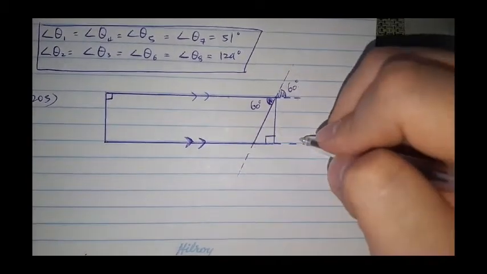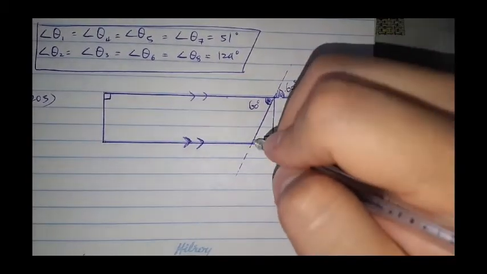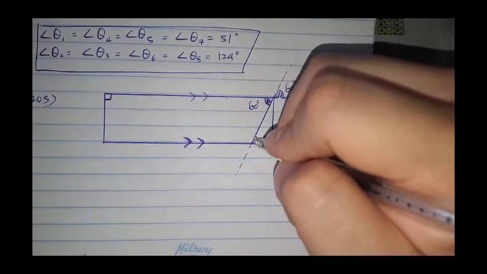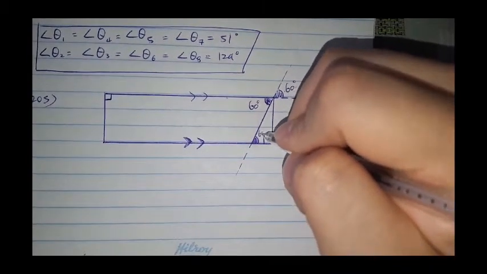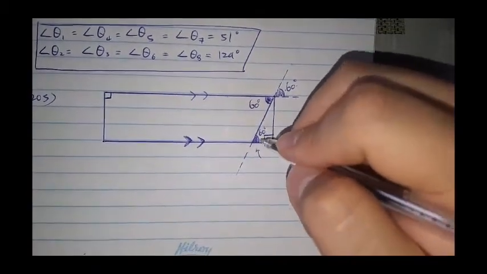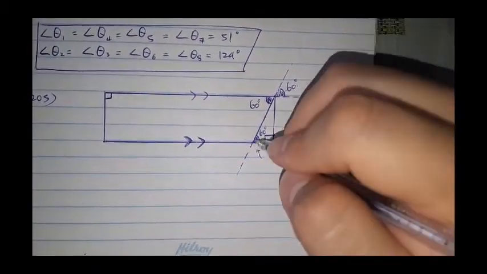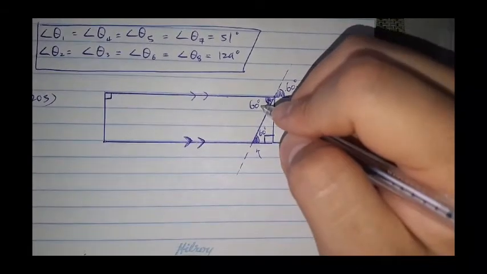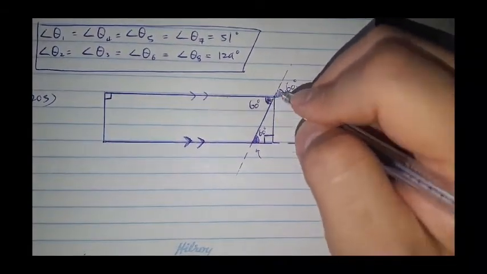And this is a parallel line, so if I bring that location down, this angle over here turns out to be 60 degrees. Why? Because it's a corresponding angle.